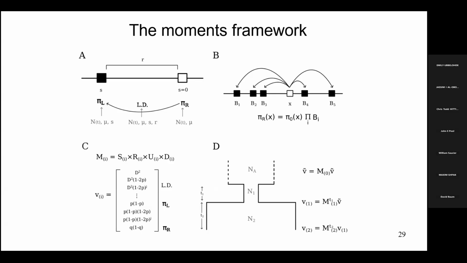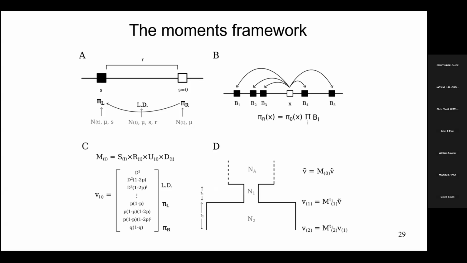So in the end, we can put this all together in a system of linear equations, and we can represent this by matrix operation. We have D, which represents a drift matrix that represents essentially the demographic history of our evolutionary model.